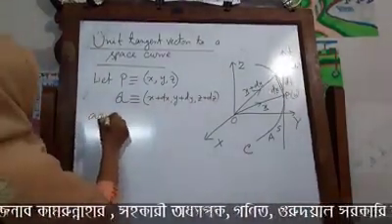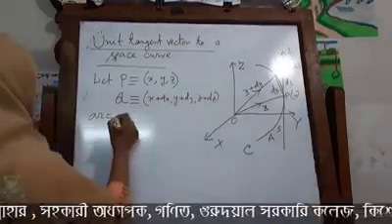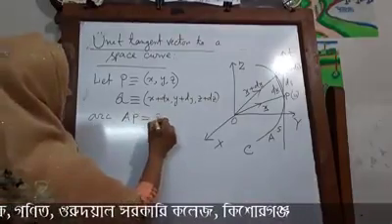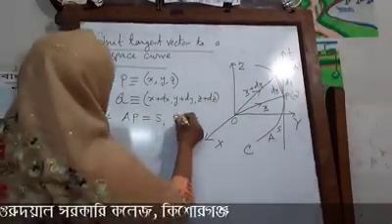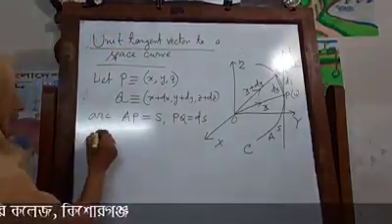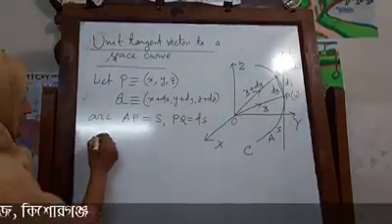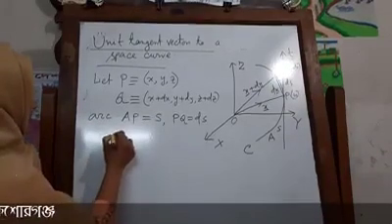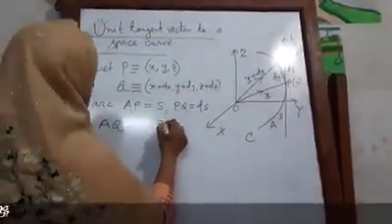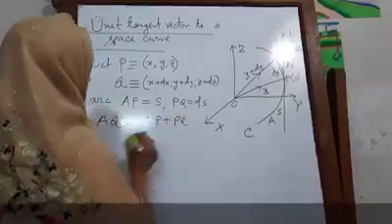Arc AP is equal to s, and arc PQ is δs. That is, arc AQ is equal to arc AP plus arc PQ.